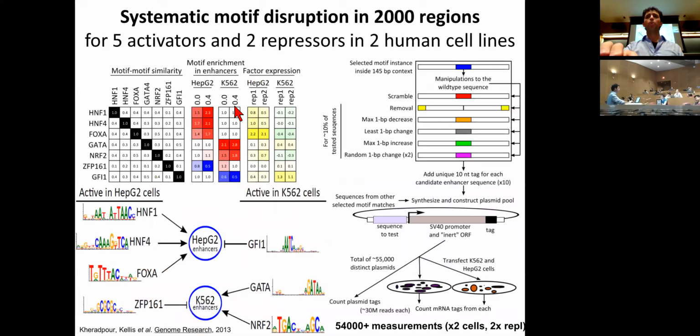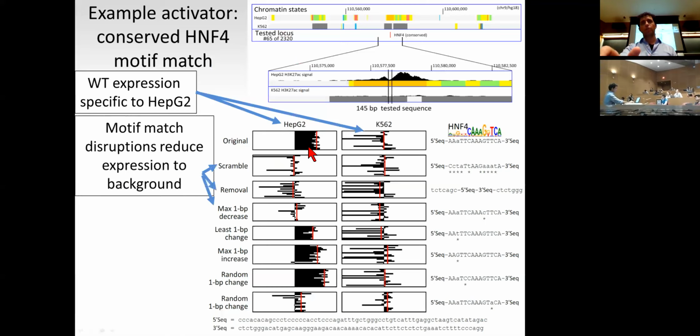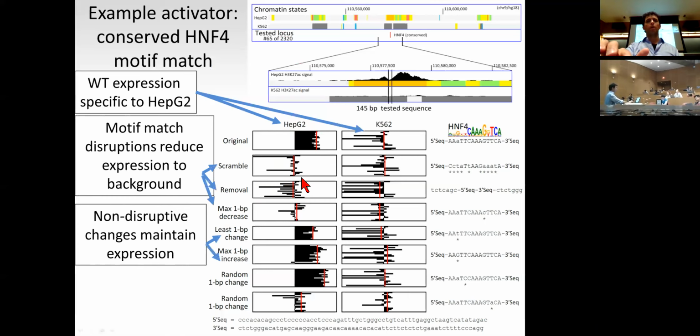And when we do that, we find that if I take a predicted activator like HNF4 and its motif, then when I test the wild type motif in the correct cell type, I find that indeed it matches and it shows expression very well. If I scramble, remove, or maximally decrease that motif, then it abolishes reporter activity.